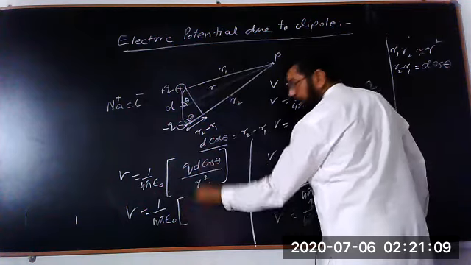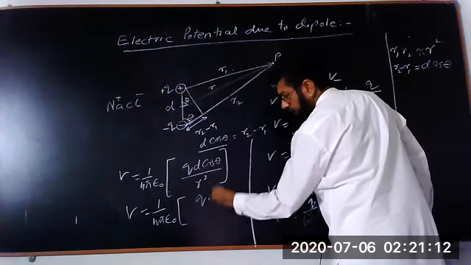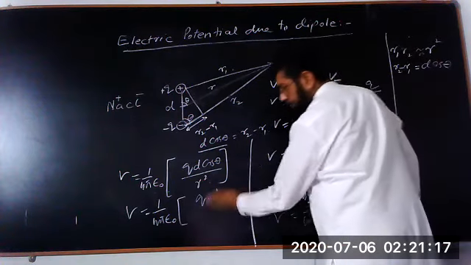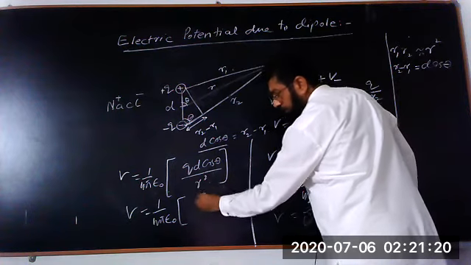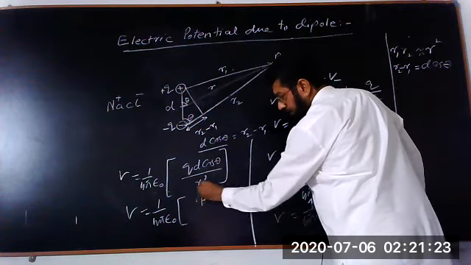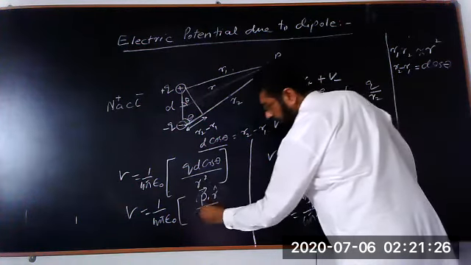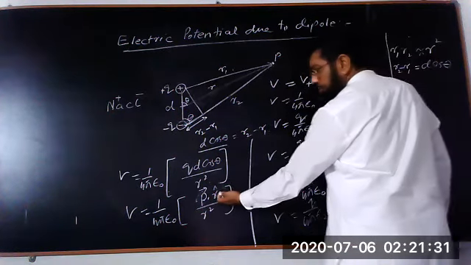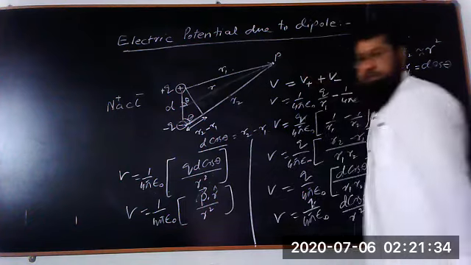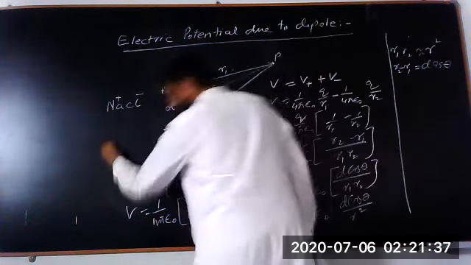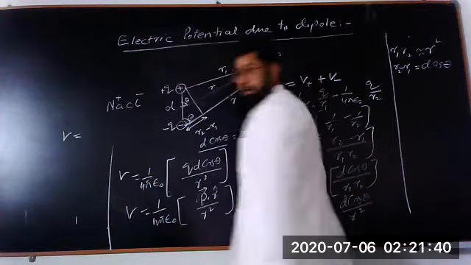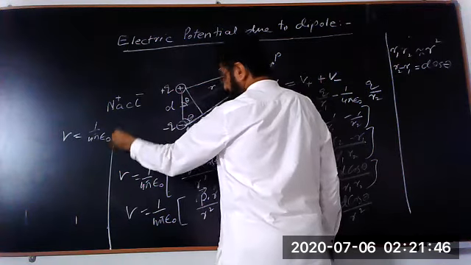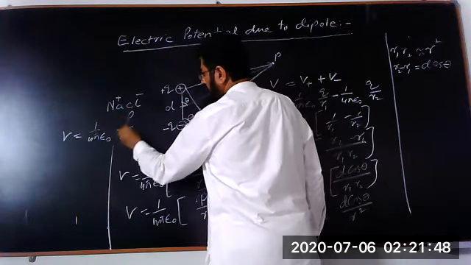This Q into d is equal to Q dot d. If the angle between Q and d is 0, then this becomes 1. So this is called P, the dipole, dot the unit vector, P dot R upon R square. Here the unit vector has magnitude 1, so in general this can be written as V is equal to 1 upon 4 pi epsilon naught P upon R square.